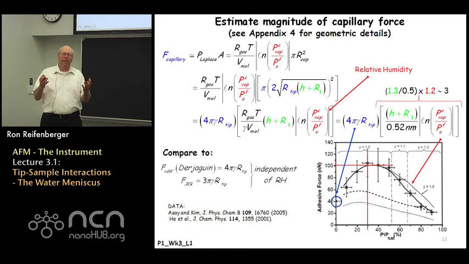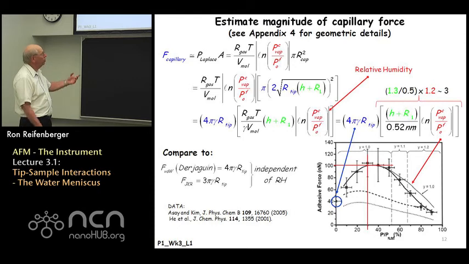So the bottom line is, anytime you do AFM measurements in ambient conditions, the tip will experience a greater liftoff force by something on the order of a factor of 2 or 3, compared to what you might measure if the measurements were done in 0% relative humidity.